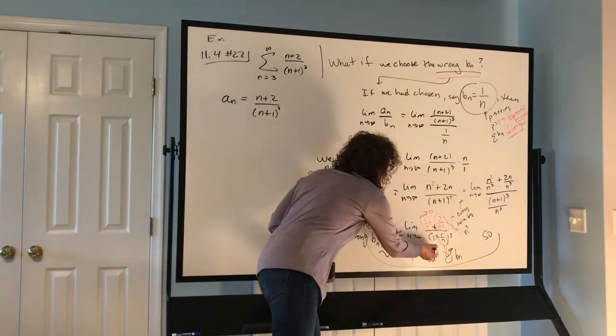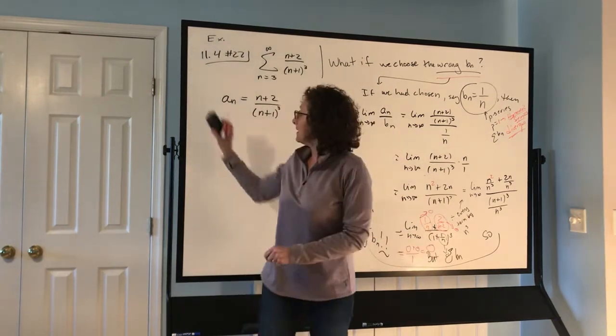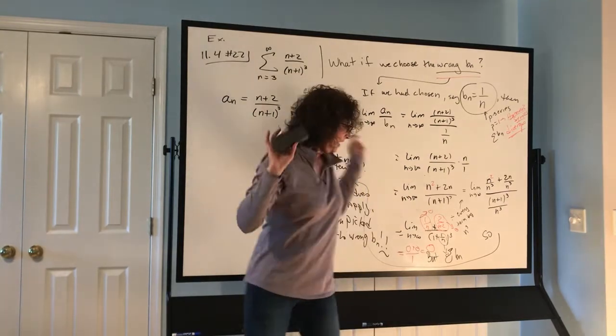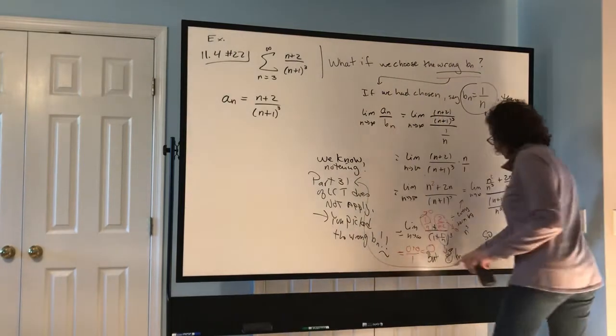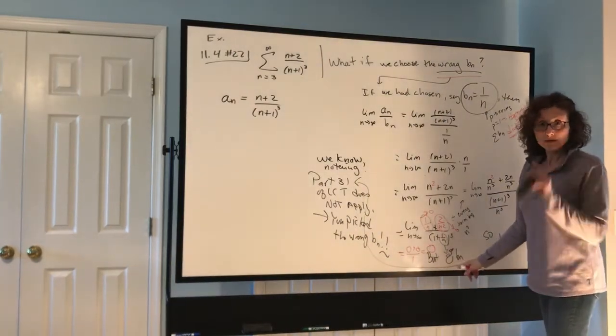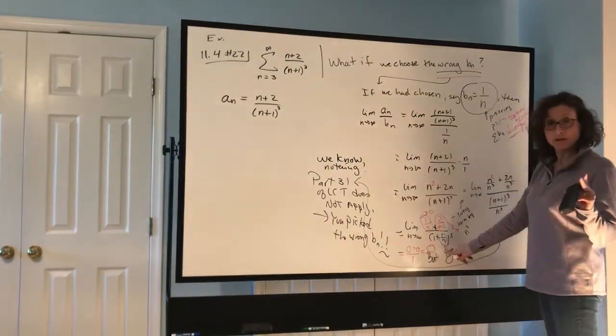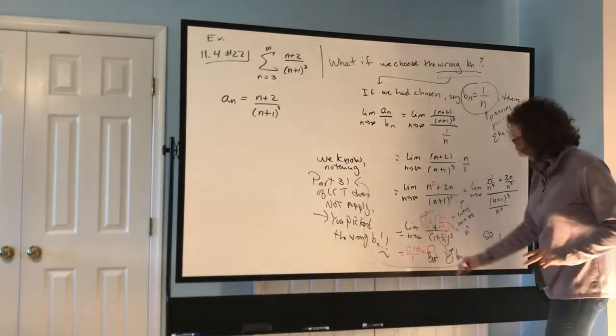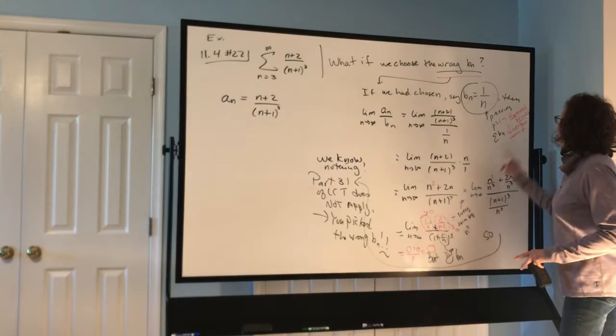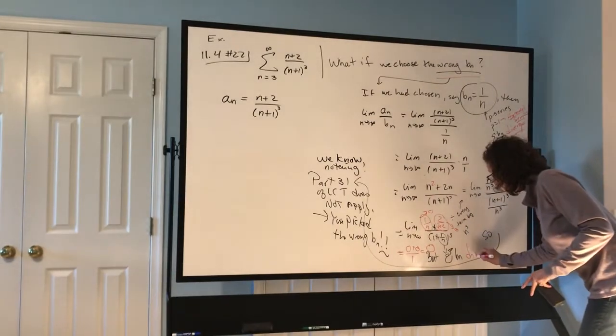What happens if you get 0 out of the limit comparison test? You can't make a conclusion unless what? Unless your test series converged, right? This is case 2 of the limit comparison test, when you get a 0 as your limit. But what happened for the series of Bn? It diverged.